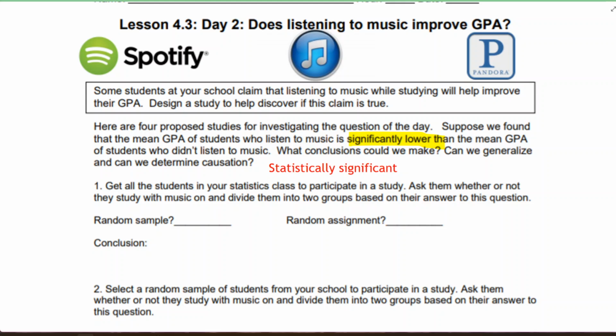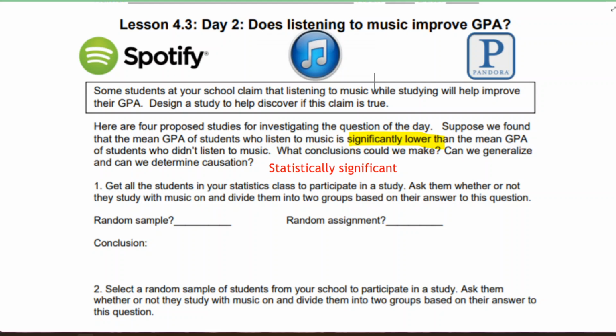Okay, experiment 1. Let's get all the students in the statistics class to participate in a study. We'll ask them whether or not they study with music and then divide them into 2 groups based on their answer to the question. So was this a random sample? Well, I don't see any random device here.